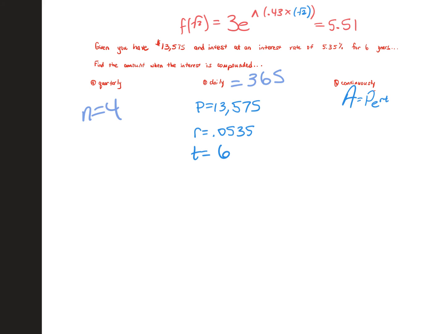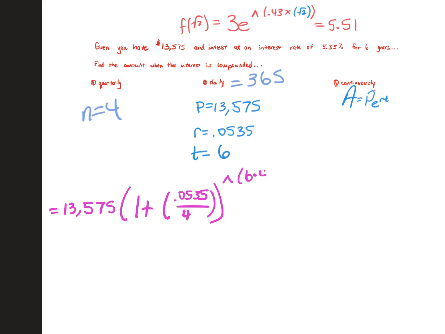So in this first one, I have my principal, which is 13,575 times 1 plus, and here I have 0.0535. When I compound quarterly, my 4 is underneath there, and I'm going to raise that to the 6 times 4 power. If you want to put in, instead of 6 times 4, 24, that's fine.